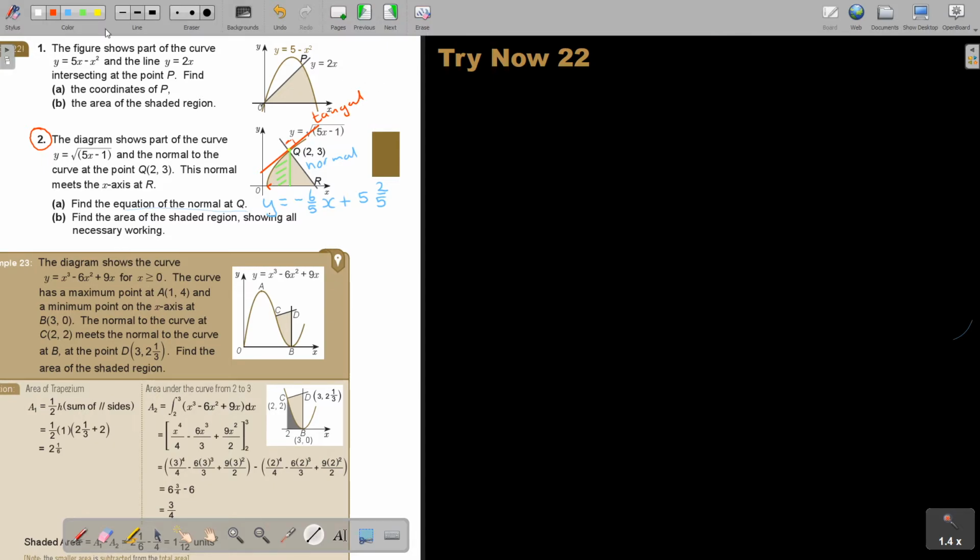So let's just start. Where the curve cuts the x-axis, y is equal to 0. So in that equation, I'm going to say 0 equals the square root of 5x minus 1.